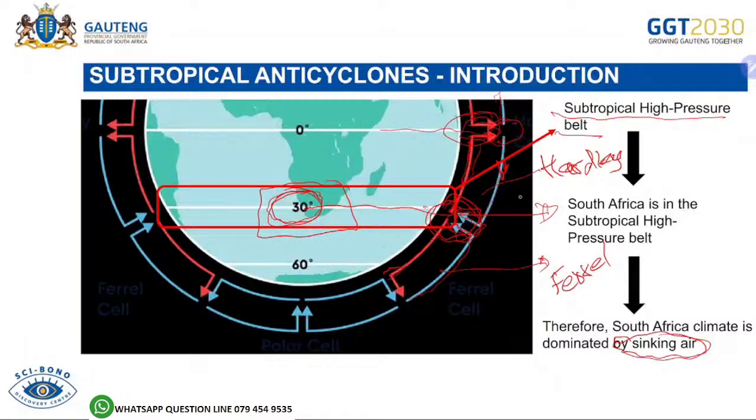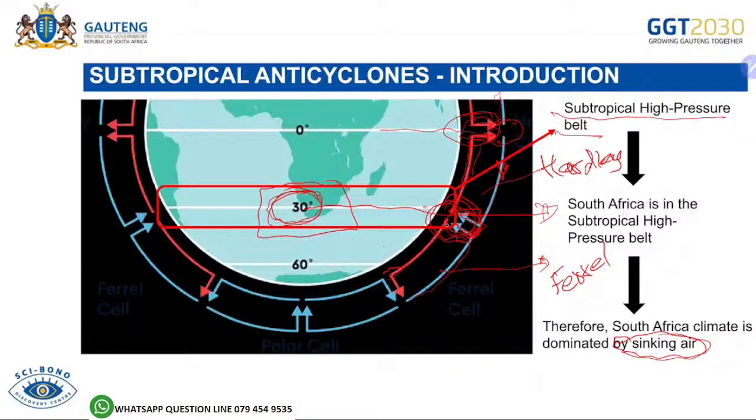So what you saw on that other diagram, we can identify the convergence happening up here, and the blue arrows here show you the sinking of cold, dry air. And as it sinks, it then results in what? The development of the high pressure.